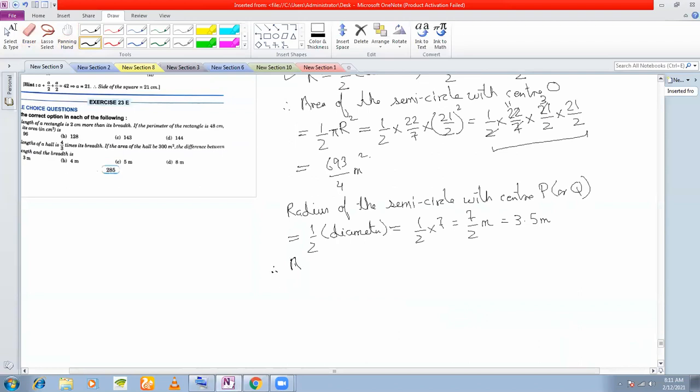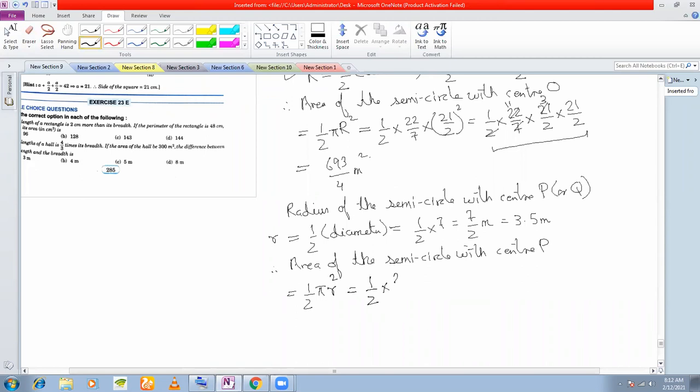and therefore area of the semicircle with center P is equal to half pi. Let us call this radius small r. This will be half pi r square.